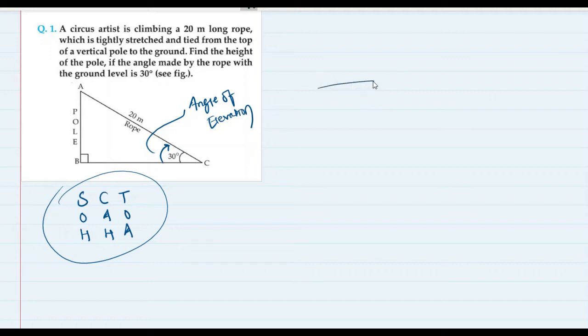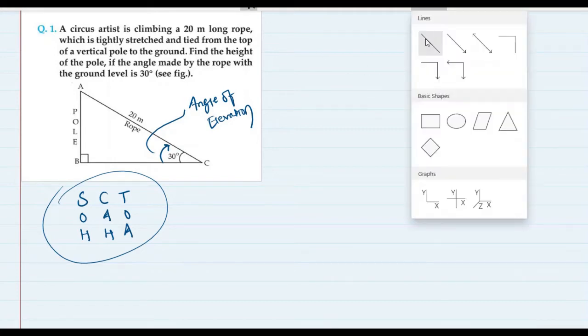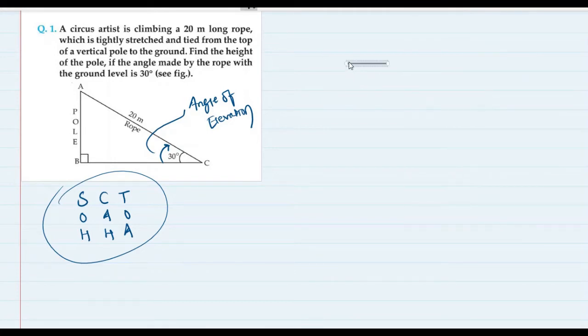So suppose this is level. I'm sorry, this is not even level. Let me draw a level ground for you. So suppose this is level ground. On this level ground, suppose a boy is standing.